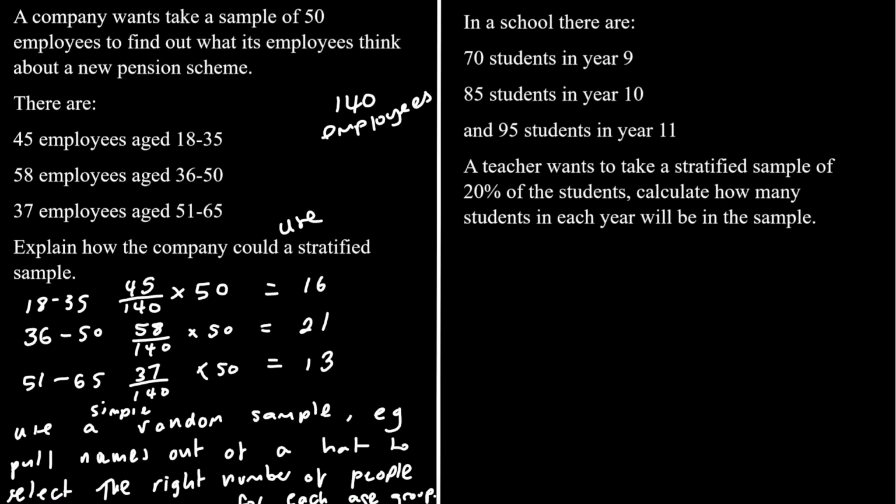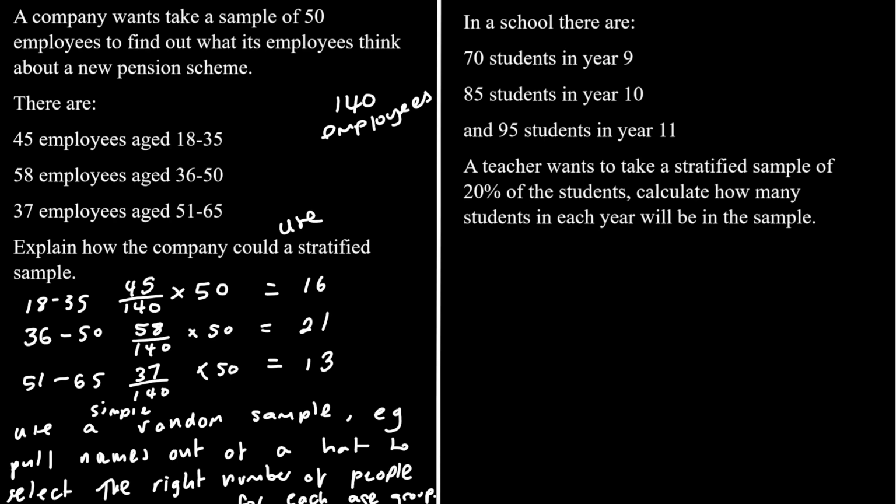And one question for you to try, see if you can give it a go. So a teacher wants to take a stratified sample of 20% of the students. Calculate how many students in each year will be in the sample. So we want 20%. We're going to pick 20% of the year 9s, 20% of the year 10s, and 20% of the year 11s.